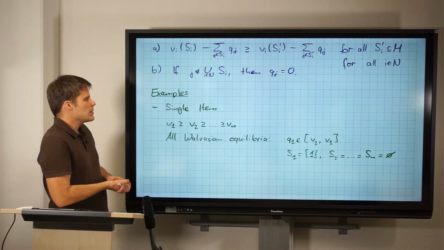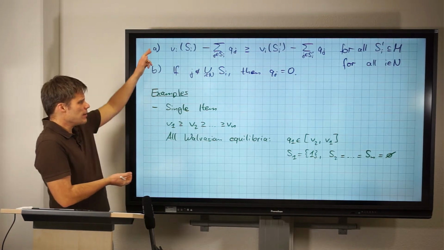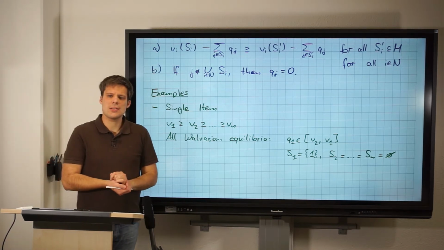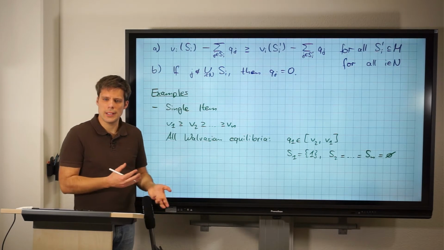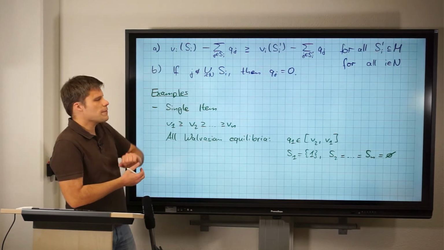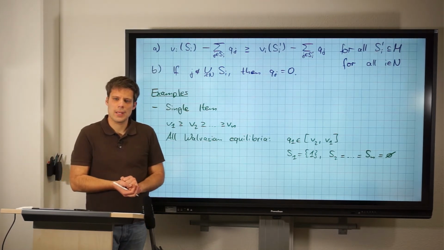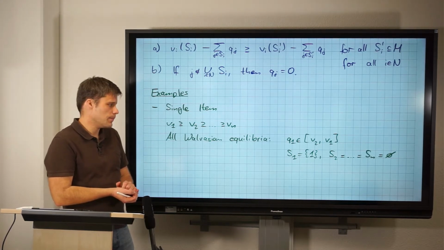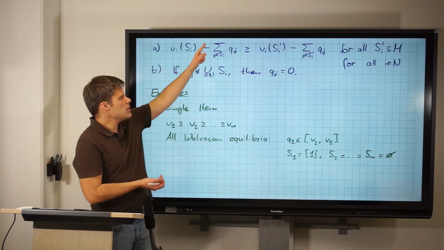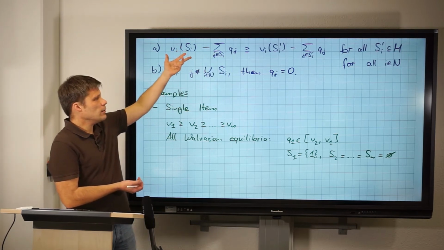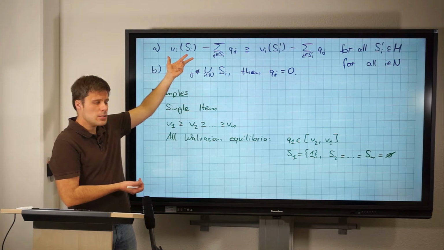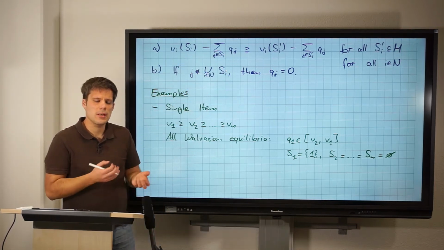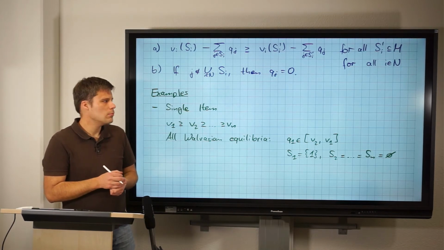Why is this a Walrasian equilibrium? Let's verify these inequalities or these conditions. The second condition is certainly fulfilled because the item is allocated. Good. Why is this first condition fulfilled? Let's first consider player 1, who's getting the item. Then this will be the value of the item for this player, so this will be V1, and we subtract the price from it, something between V2 and V1.